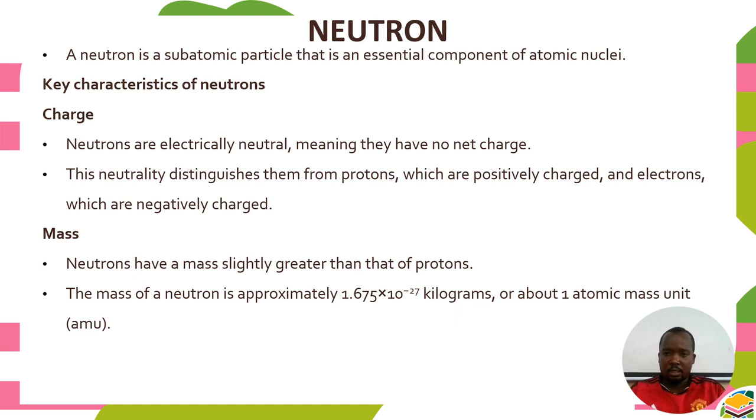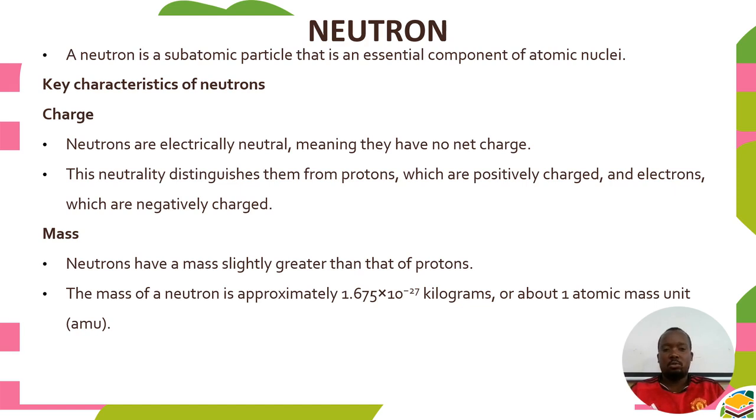Can you recall the charges of a proton and an electron? I believe for the proton, you have said +1, and for the electron, you have said -1. While for neutrons, they don't have a net charge. Other literature says they have a 0 charge.